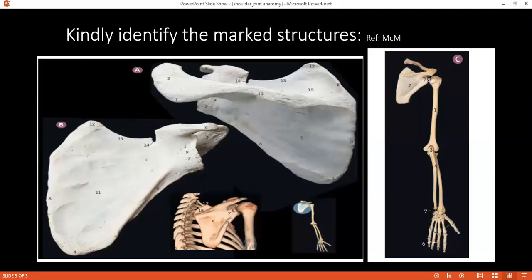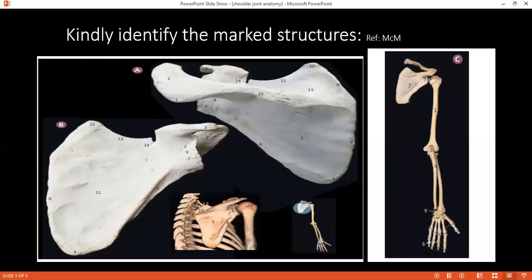Good. Right. Can you tell me how this shoulder girdle or shoulder joint is stabilized? The shoulder joint is mainly stabilized by the rotator cuff muscles, namely the supraspinatus, infraspinatus, teres minor, and subscapularis. It is also supported by the glenoid labrum, which is a fibrocartilage structure outside the cavity, which strengthens the shoulder joint, and ligaments, that is the glenohumeral, coracohumeral, and the coracoclavicular ligaments.